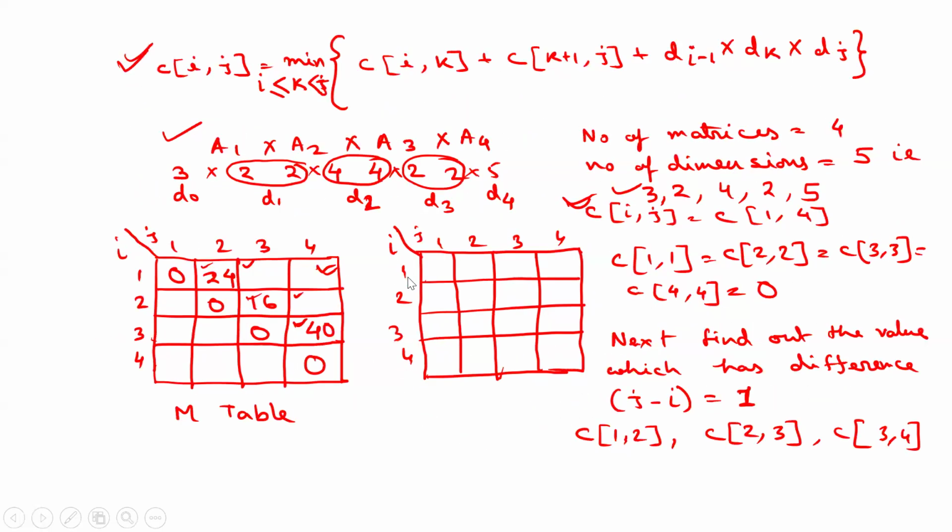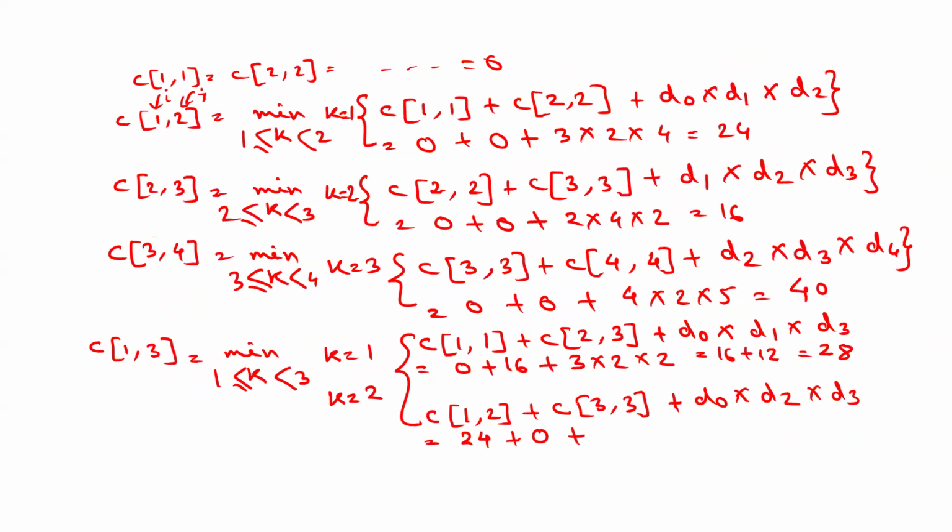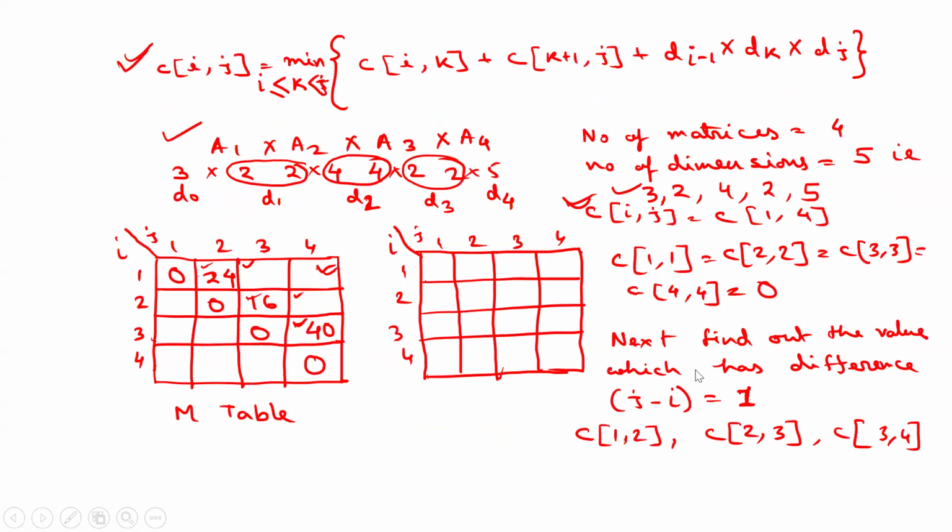So 3, 4, 2 is 24. 24 plus 24 equals 48. So which one is the minimum? 28 is the minimum. So put the 28 here.